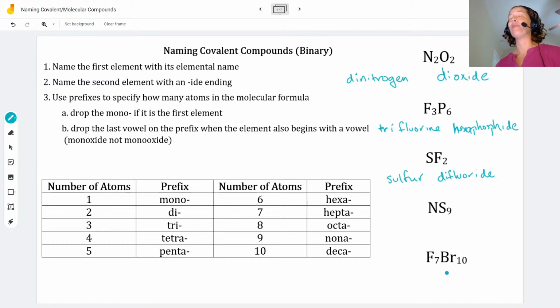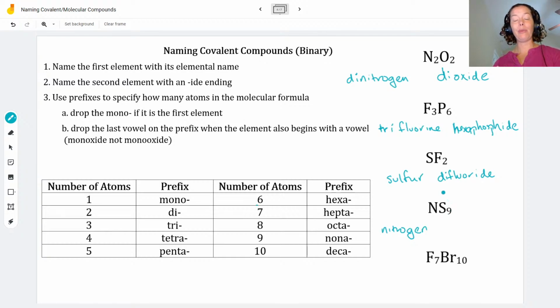Okay, now we get into some really weird ones. Again, these do not exist in the real world. We are just practicing using our rules. Okay, so this one is NS9. So nitrogen is my first element, so I simply name it nitrogen. There's only one, but because it is my first element, I'm going to drop the mono. My second element is sulfur. So you see in this example, sulfur was my first element.